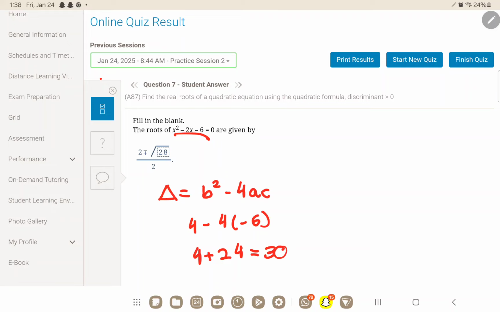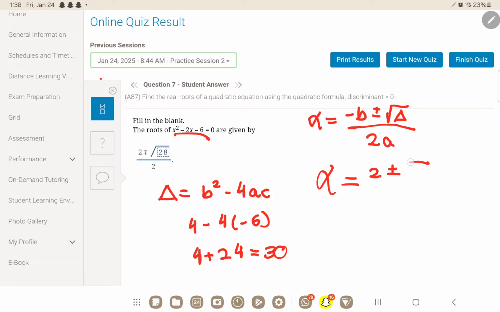So delta equals 30. And now that we know delta, the roots are equal to negative b plus minus radical delta over 2a. So the roots are equal to negative 2 is positive 2 plus minus radical 30 over 2a, which a is 1, so over 2.